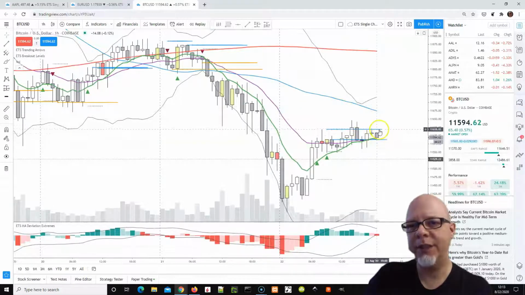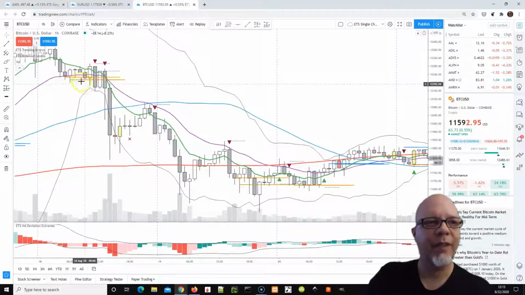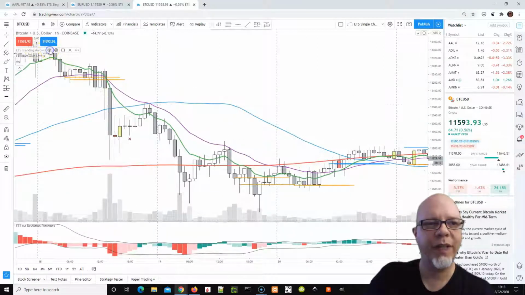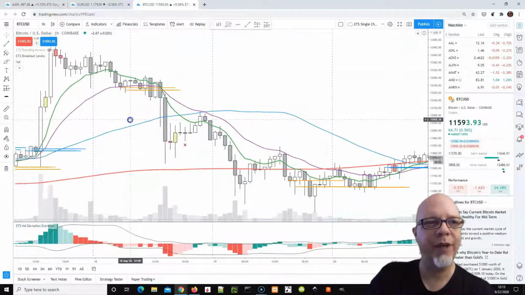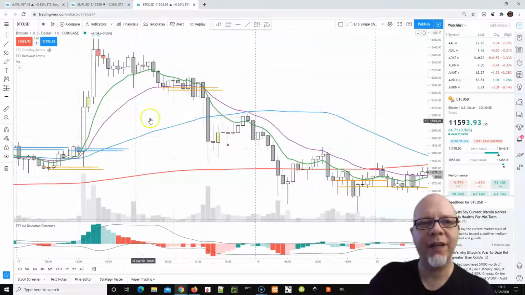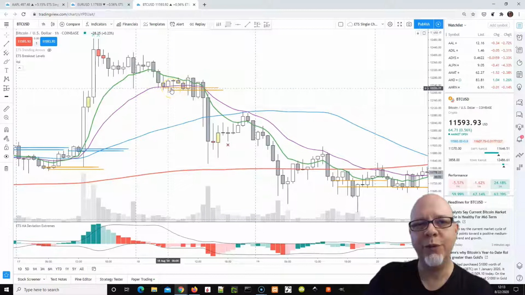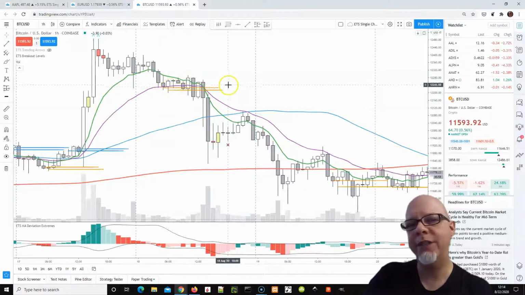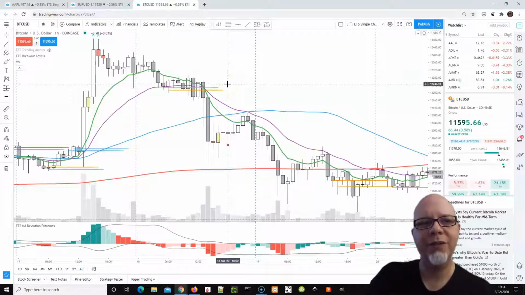We see that there's potential for the market to break back up after it went down quite a bit. So if I turn off the trending arrows, just so we can see the breakout levels, you can see exactly how it identified the levels automatically for you, where breakouts are potentially going to happen. Then of course you can use that for your trading.